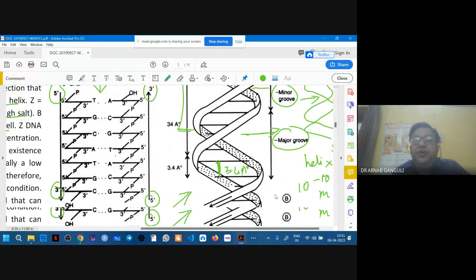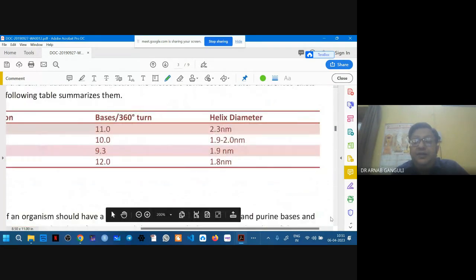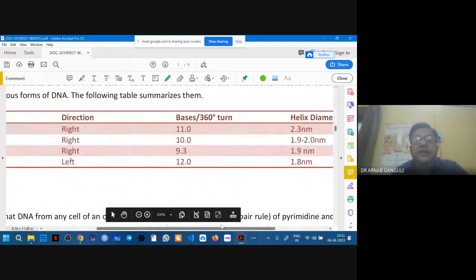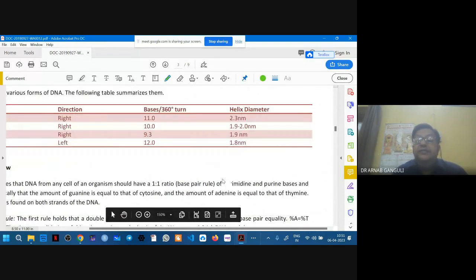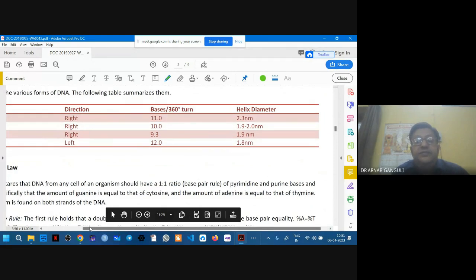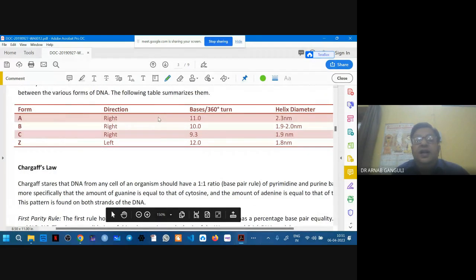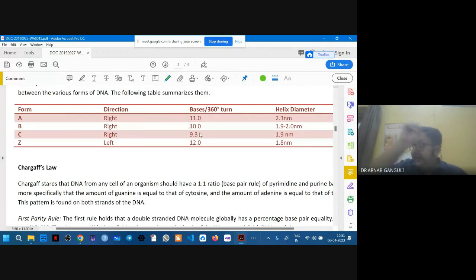That is in the B form. The A form has 11 bases. C form 9.3 bases. Z form, that is in the other way around, it is coiled. It has got 12 bases.